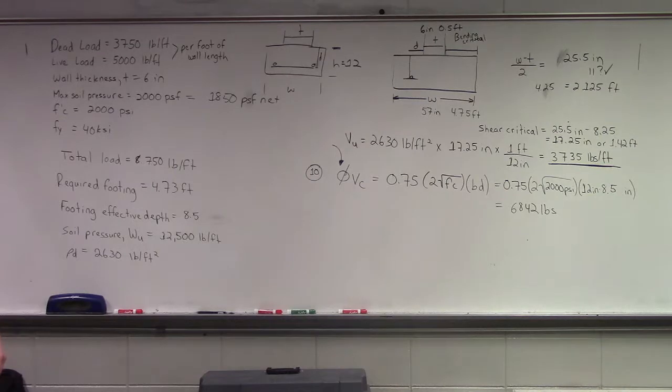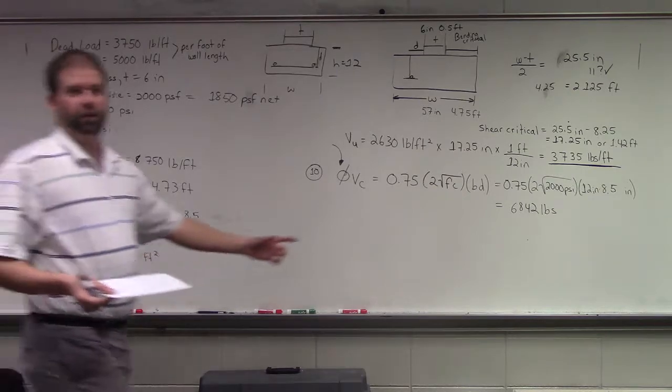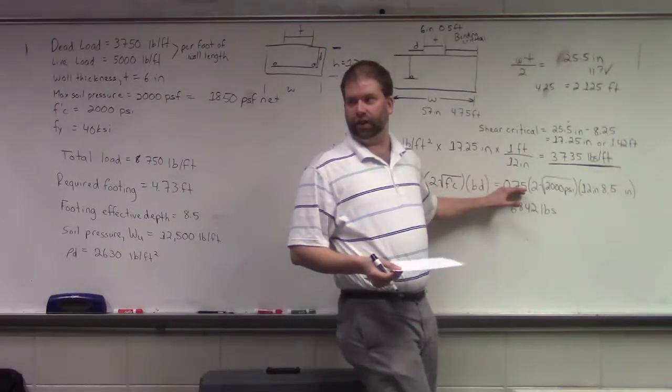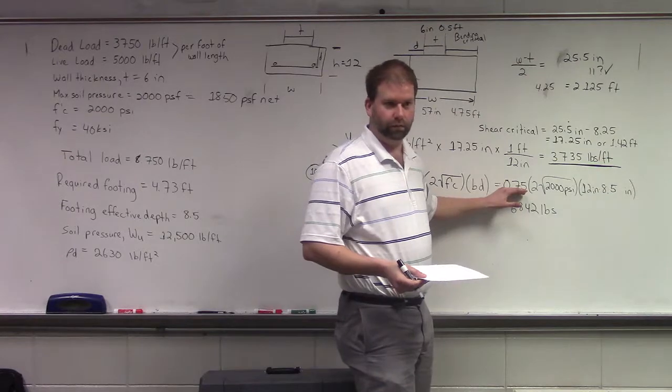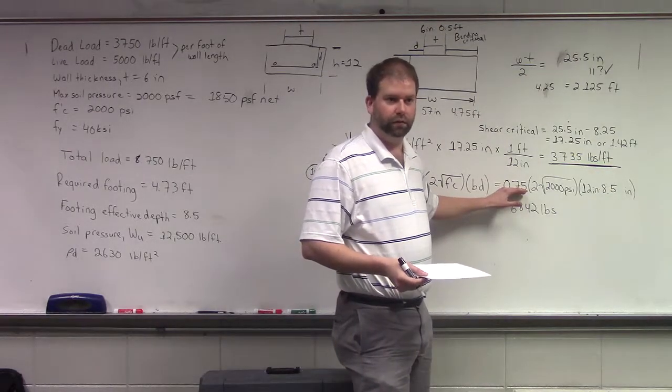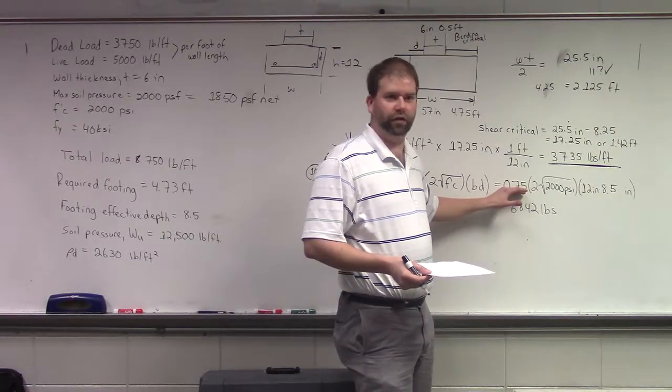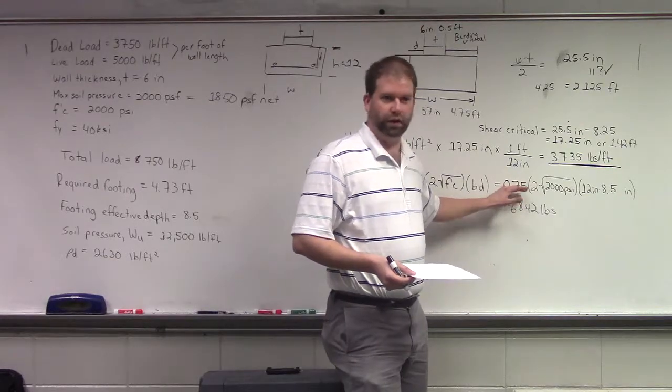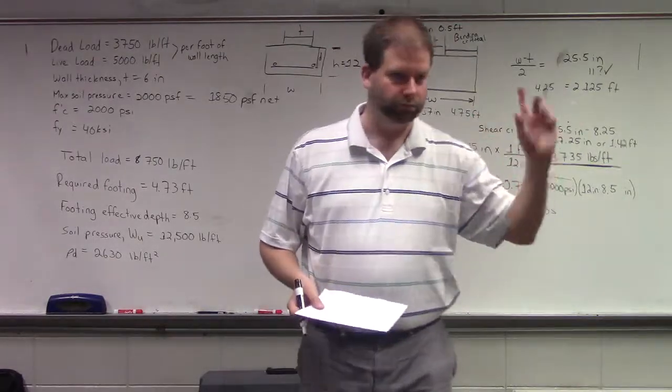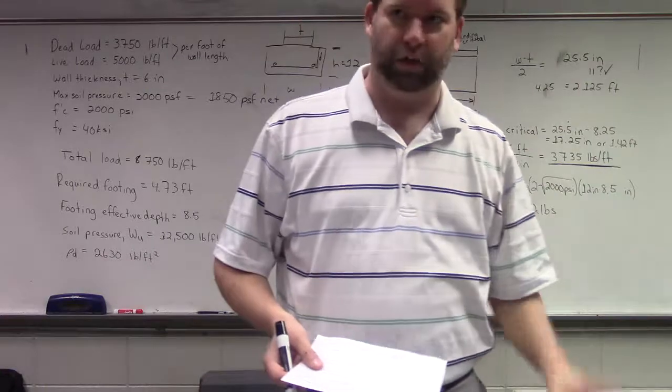What I would recommend: you use Excel in your other classes, right? You can set up functions in Excel. This is so much easier to run in Excel than on a scientific calculator. I don't have a square root button on my computer. Excel has all kinds of its own functions. Type equal SQRT, parentheses, and it'll return the square root of any value.